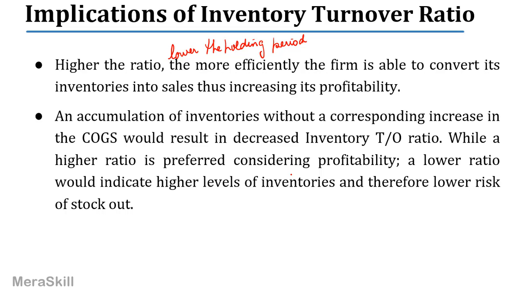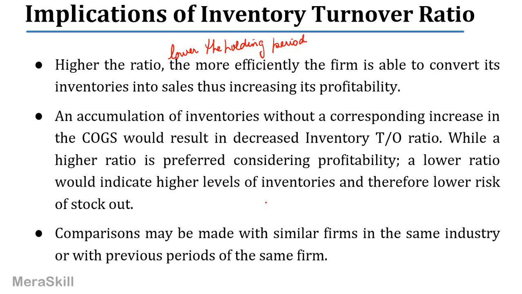Of course, we can go on decreasing the levels of inventories so that this ratio can be vastly improved. But again, there is always a limit, because if you reduce it a lot, there may be conditions of stock out, which is not at all desirable, because it leaves us with unsatisfied customers and we may lose our customers to a competitor.